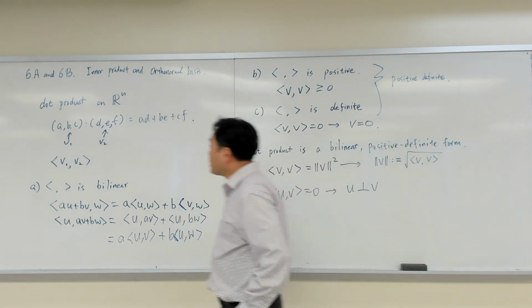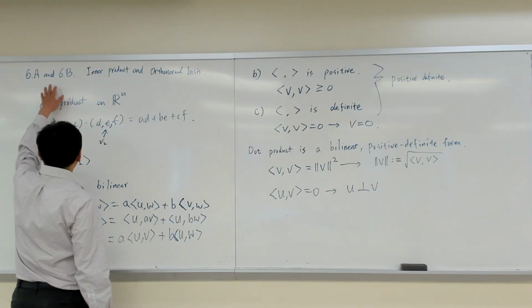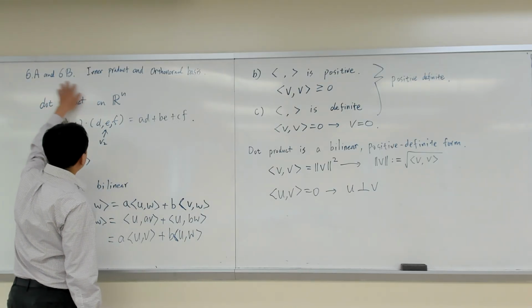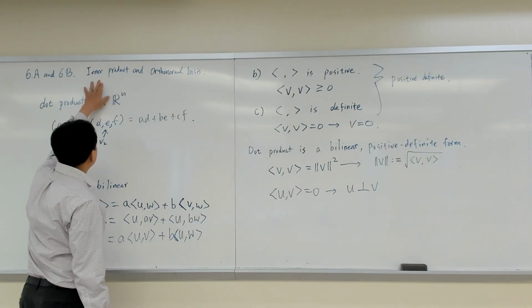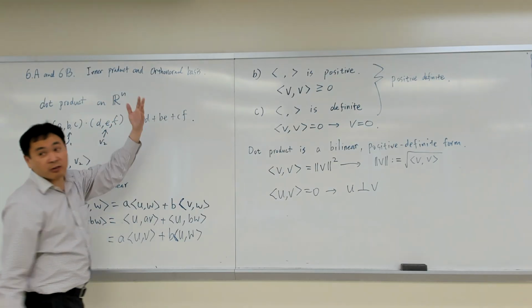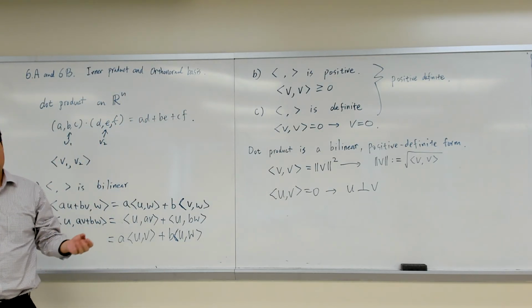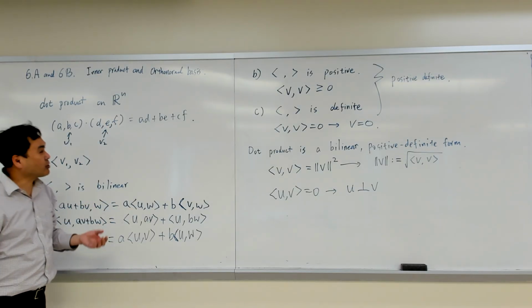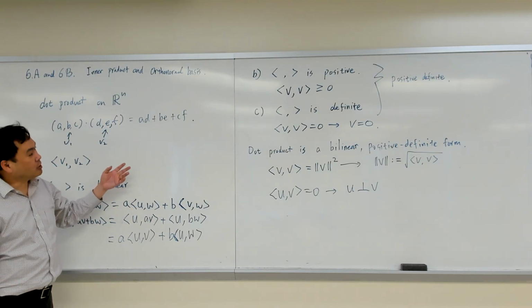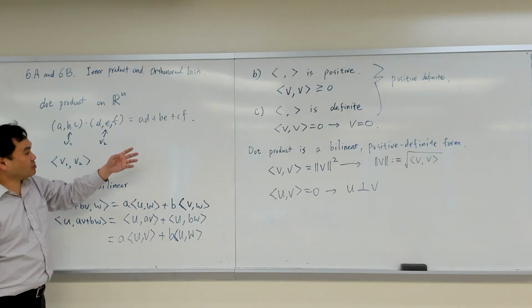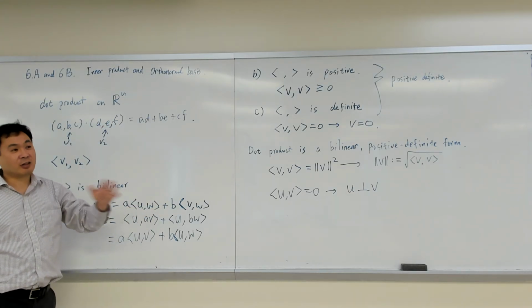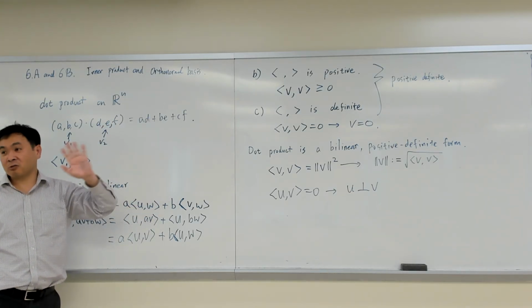So from now on, in chapter 6a and afterwards, when we're given a vector space and say this is a vector space with an inner product, the way we are going to think about it is that it's some generic vector space. It doesn't ever come with the standard unit vectors.